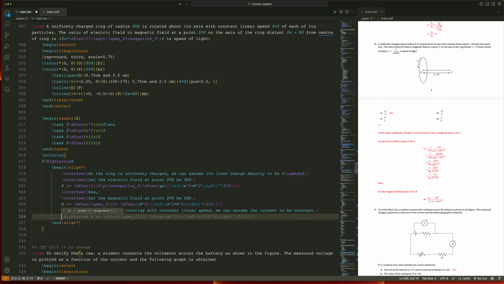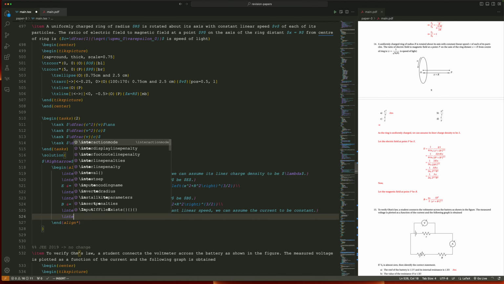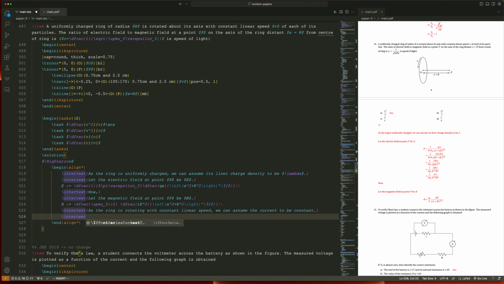Q into 2V. How is it getting Q into 2V? I don't know. Q into V, Q into V will be I. No, that's not it. So I got this. Q upon time period, that will be awesome. So let's find out the current.